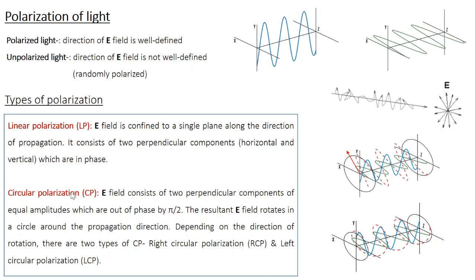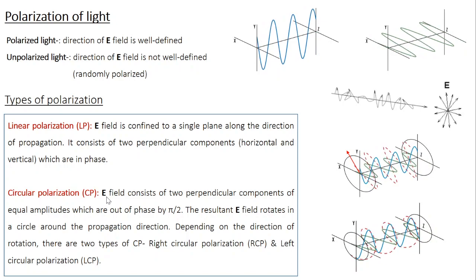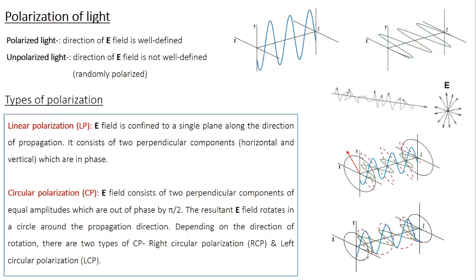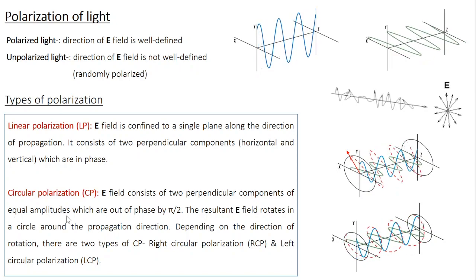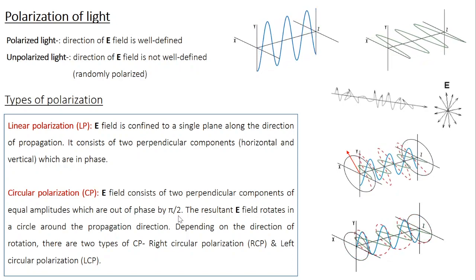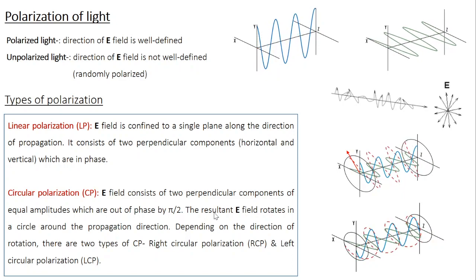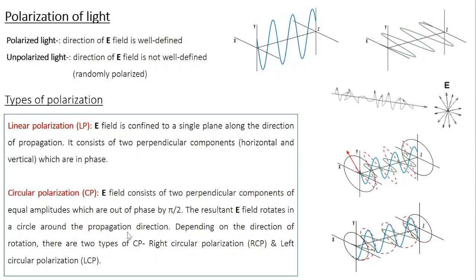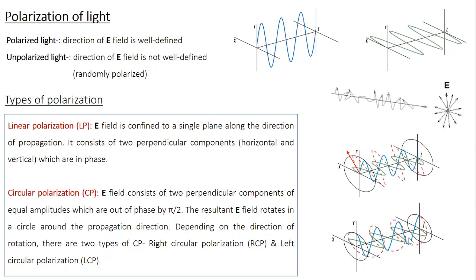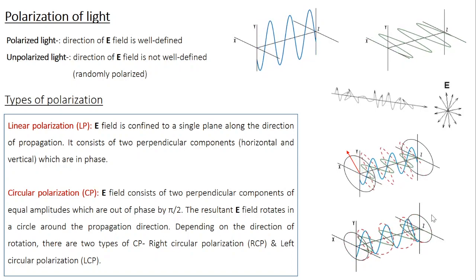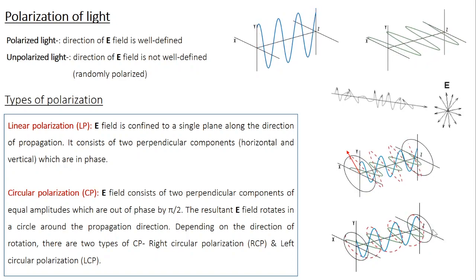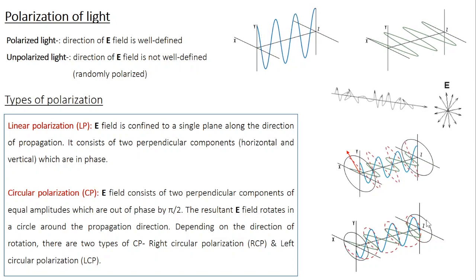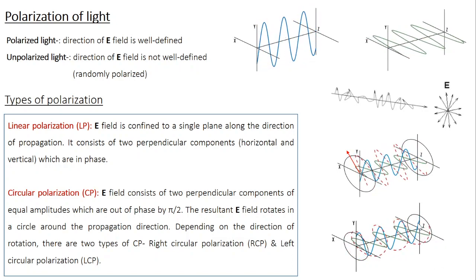What about circular polarization? Here also the electric field consists of two perpendicular components of equal amplitudes which are out of phase by pi by 2. So the resultant electric field rotates in a circle around the propagation direction. If you look at this schematic, it's clear. If you view along the propagation direction, it appears that the field is rotating in a circular fashion.